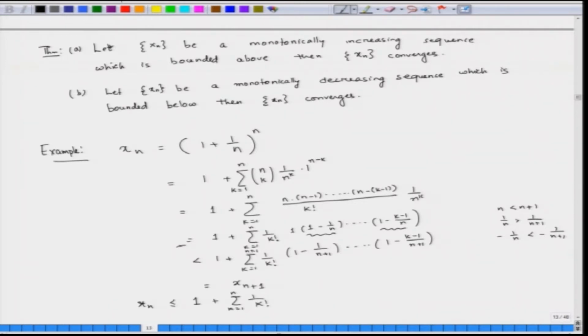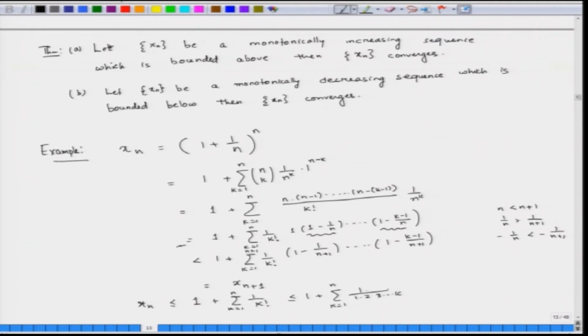So this is less than or equal to 1 plus the summation over k from 1 to n of 1 by 1 into 2 into 3 up to k.